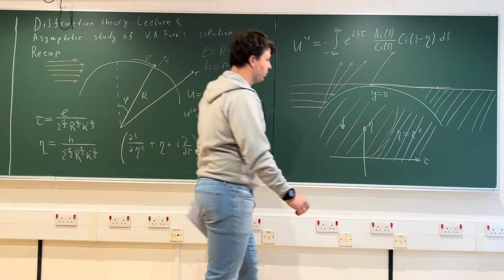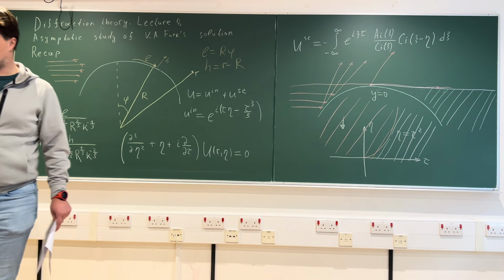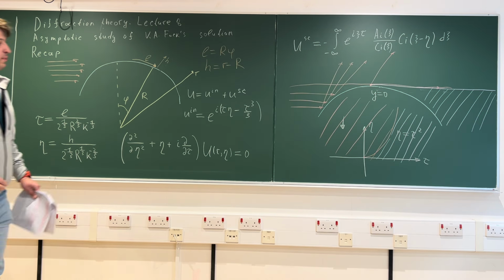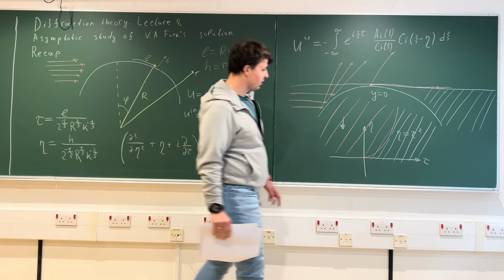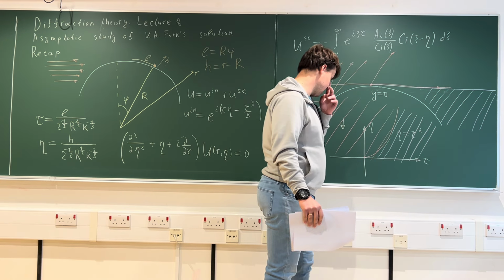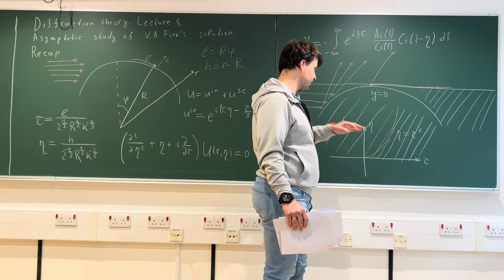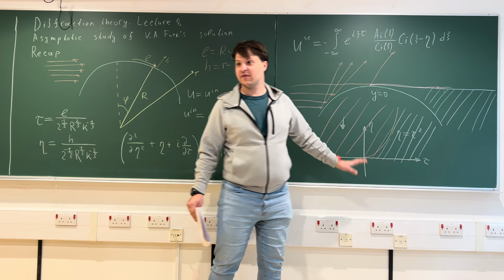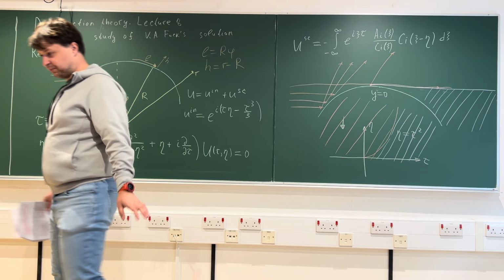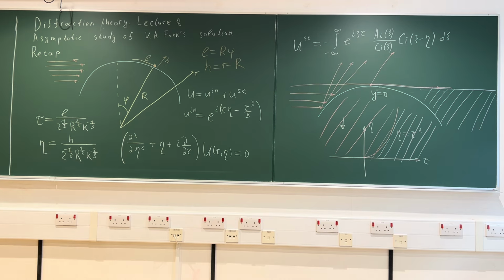So what we want to show today, part of our question, is that below this line, when tau squared is bigger than eta, we have a field which is approximately 0, asymptotically.